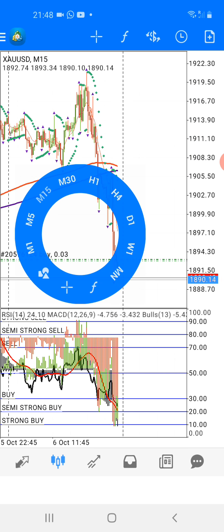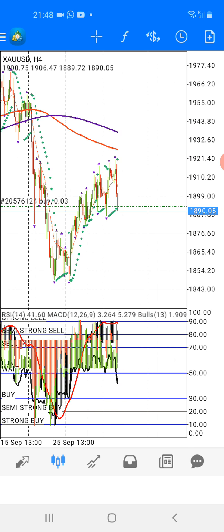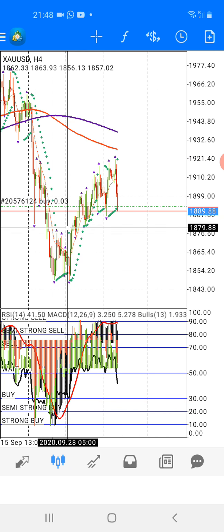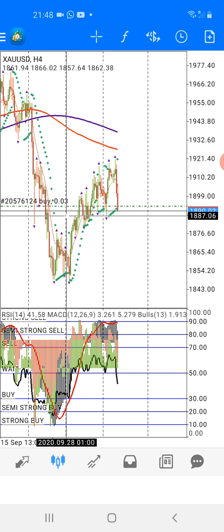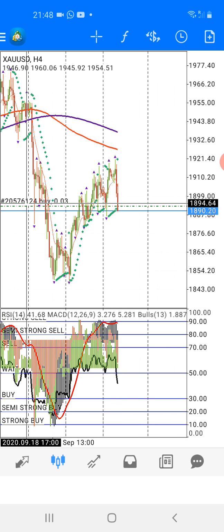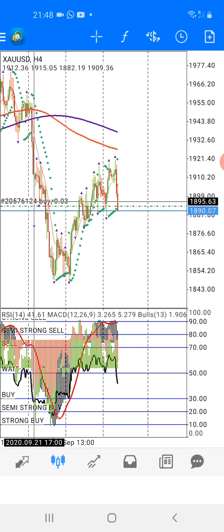So don't forget the major things I always share in all the videos. The line signifies where the market closed, because in the case of the 4 hours chart, this line signifies where the market closed in the previous week and opens in the next week.